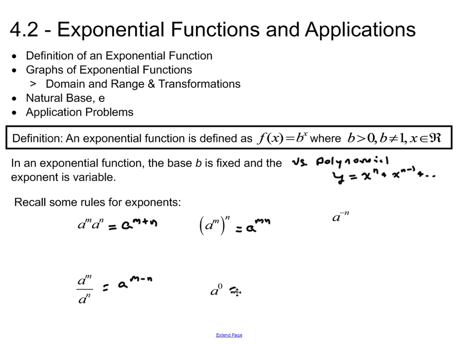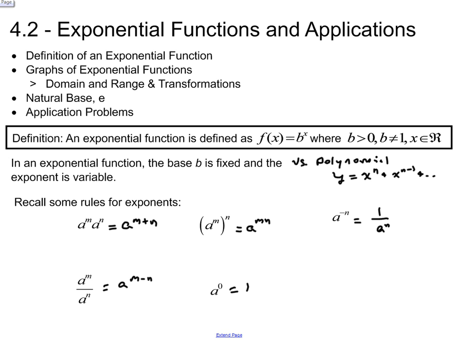We had a rule that told us anytime we raised a number to the 0th power, the result was equal to 1. And we had another rule that told us that as long as our base a was raised to a negative exponent, it was the same thing as 1 over a to the n, so it changed the position of that base.